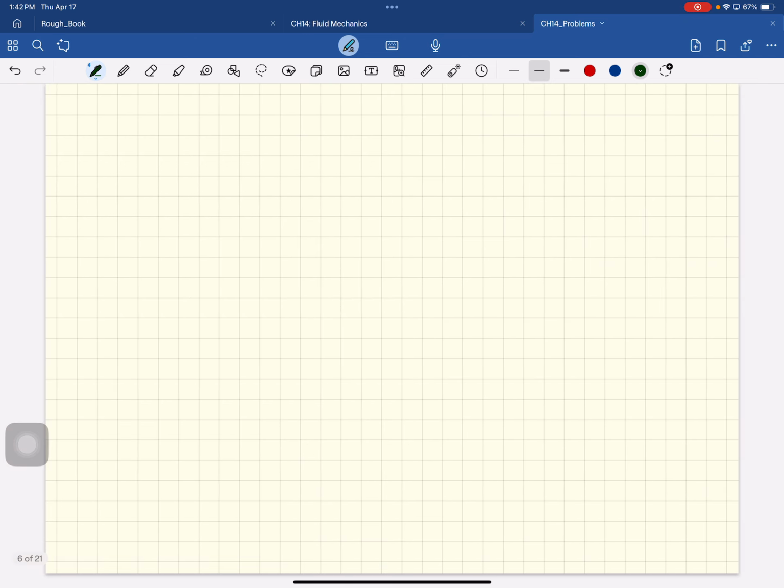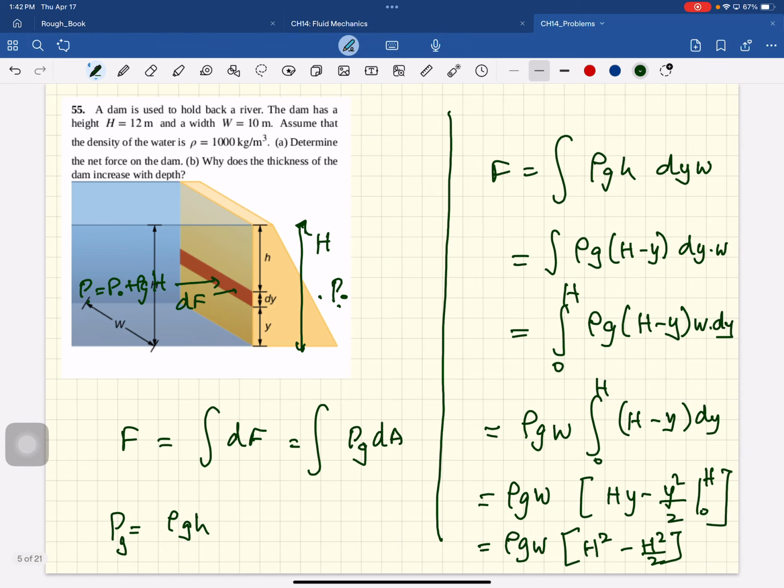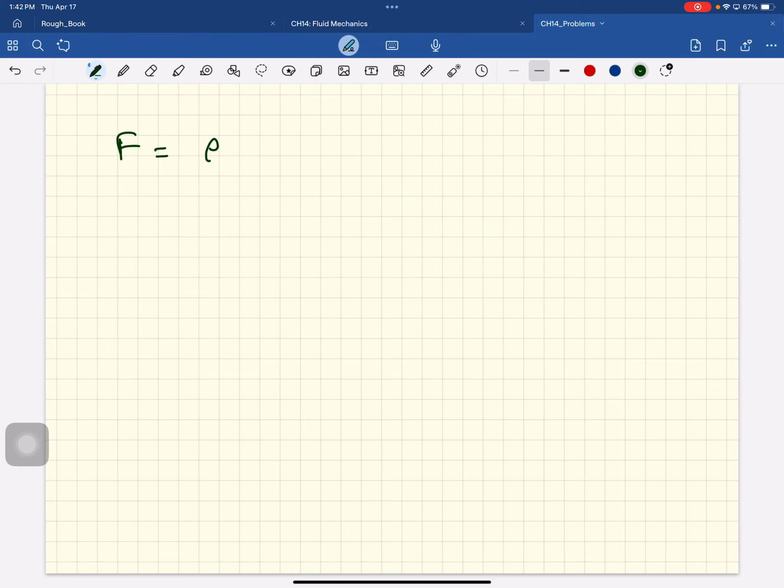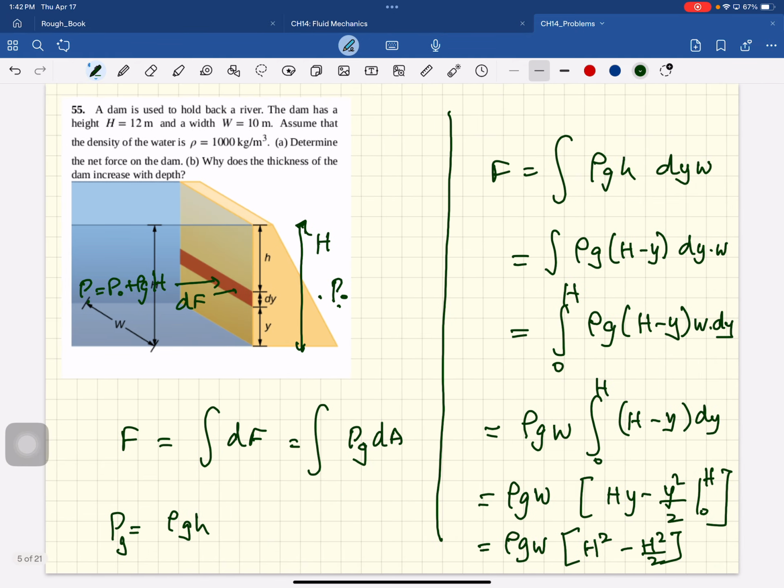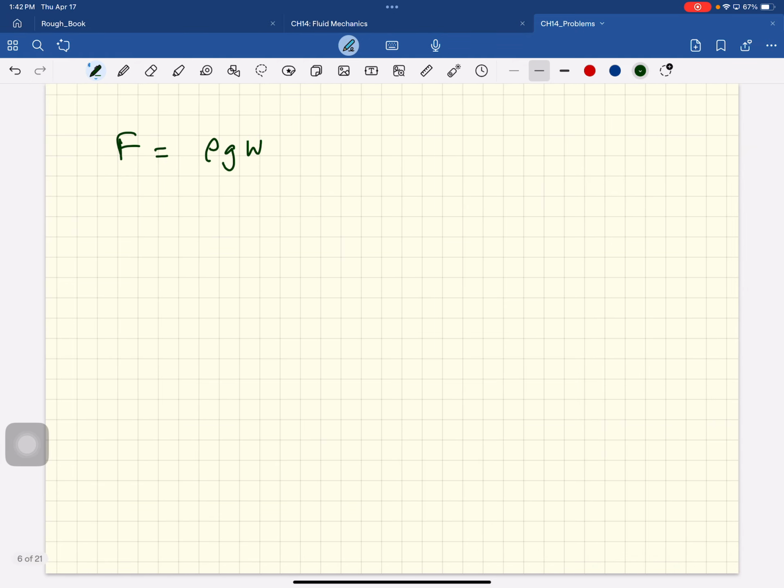So the net force is rho g W times H squared minus H squared by 2, so rho g W H squared by 2. Rho g times W times H is the total area of the wall, and this is H by 2.